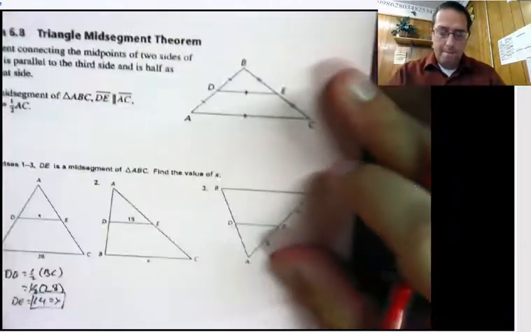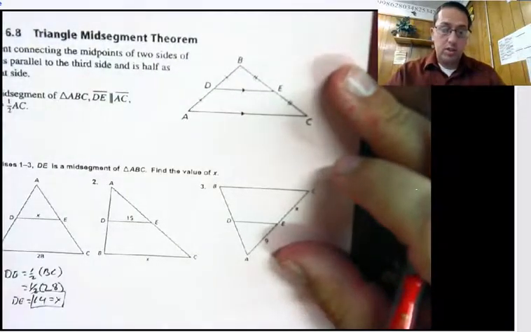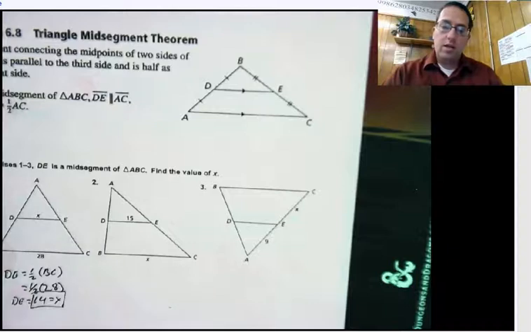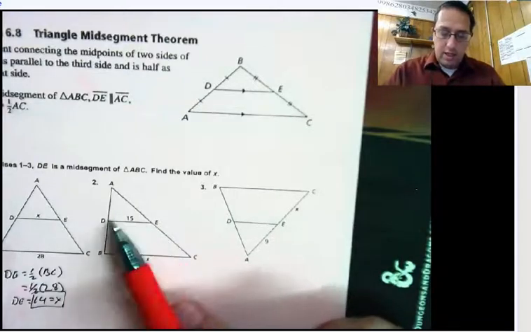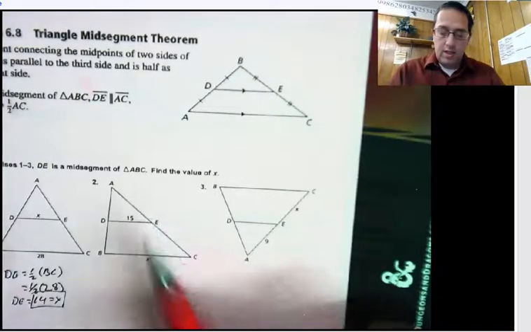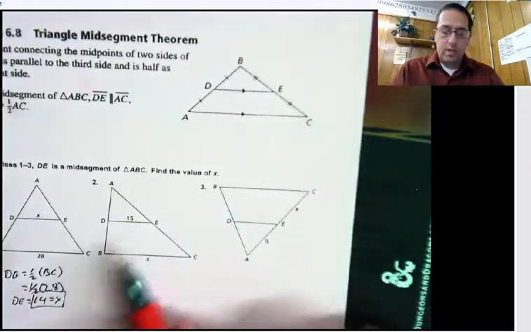All right, number 2. Just as easy. In fact, I would like you to pause the video and see if you can do 2 and 3 on your own, and then come back and check the work. All right, let's see how you did. DE on number 2 is our midsegment, because it tells us midsegment.